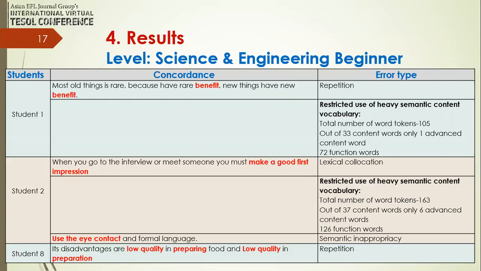And if we see here the statistics provided by AntConc, which is the software just introduced by my colleague Dr. Rajesh, you see that the total number of word tokens is 105. Look at how many function words: we have 72 with this student.